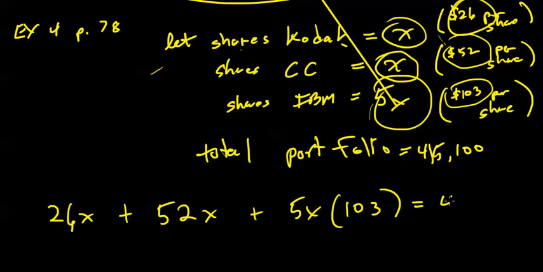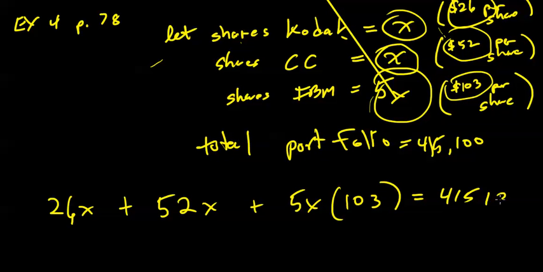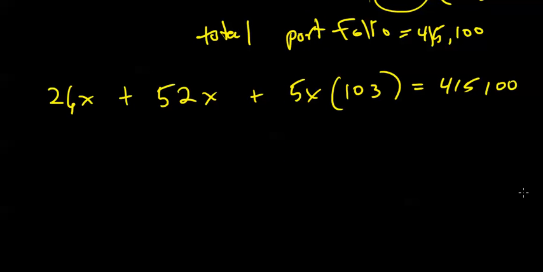And all these added up are $415,100. So with a clear statement, it's an easy matter to set up an equation and solve this, much like the techniques we used in section 1.5, combining like terms, etc.